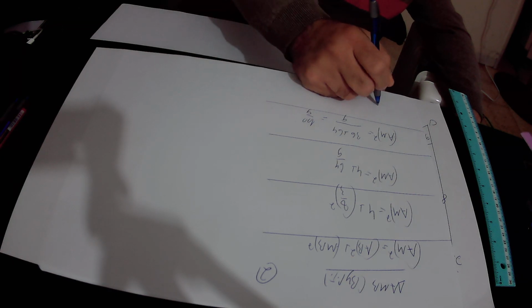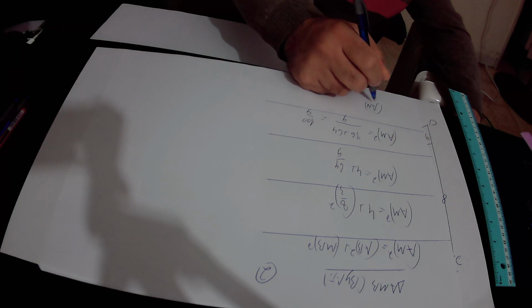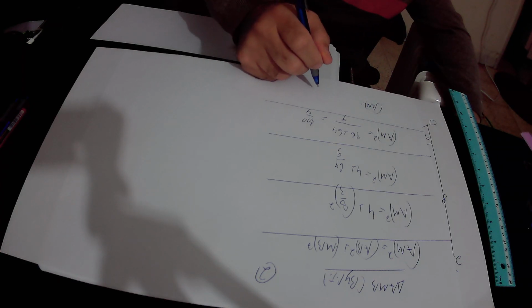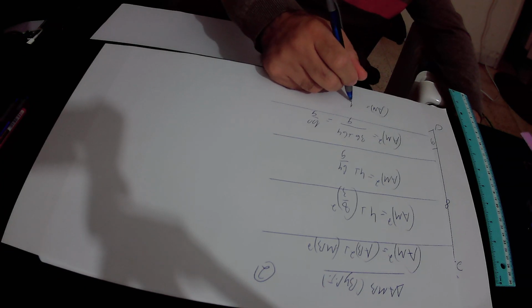Here we take the root of this equation and finally we get that AM equals the square root of 100, which is 10, over the square root of 9, which is 3.